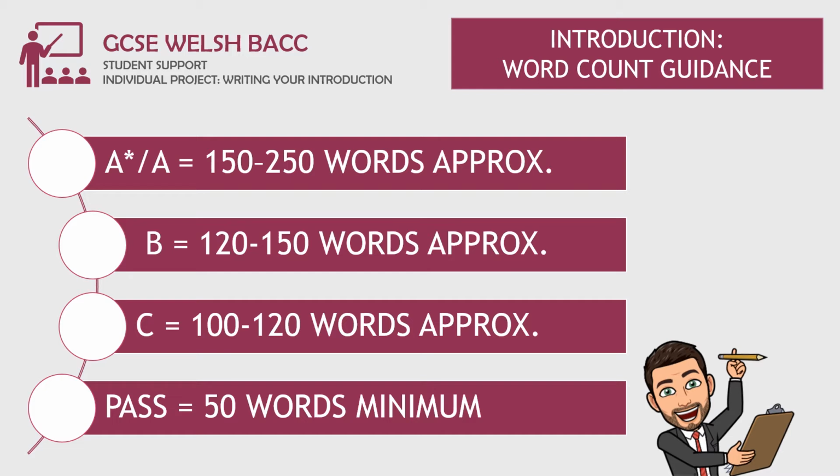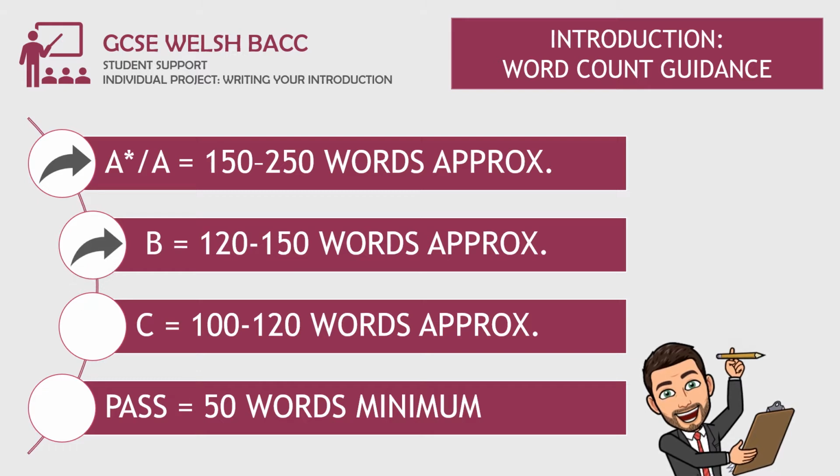Now, as word count guidance, we've outlined what the expectations would be for certain grade outcomes. Obviously, the quality of writing dictates the outcome, but the amount of words in the introduction is important as well. So for an A star and an A, our guidance is 150 words to 250 words.